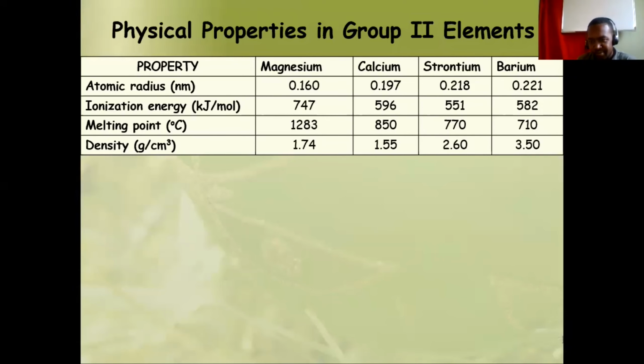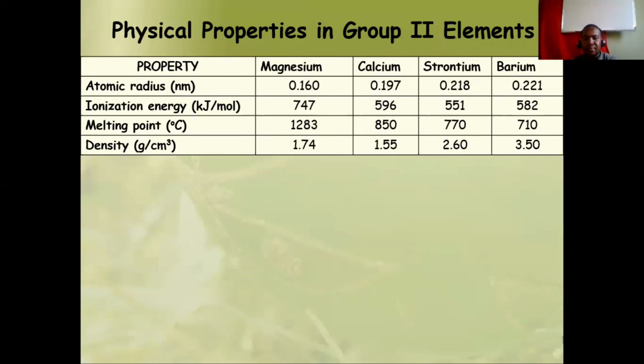And going down the group, the density increases. We should know why the density increases. Not just because the radii increase, but there is one specific reason. If you do physics, try to relate it back to the equation for density. We know density is mass over volume.